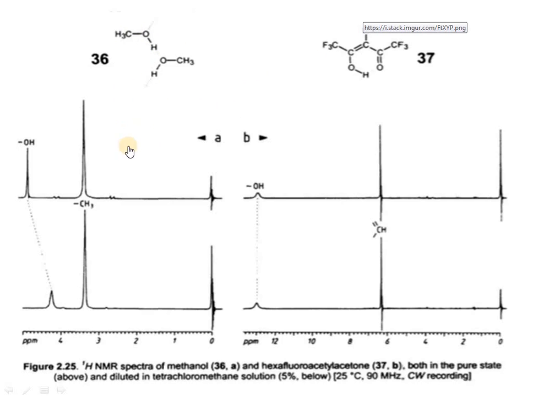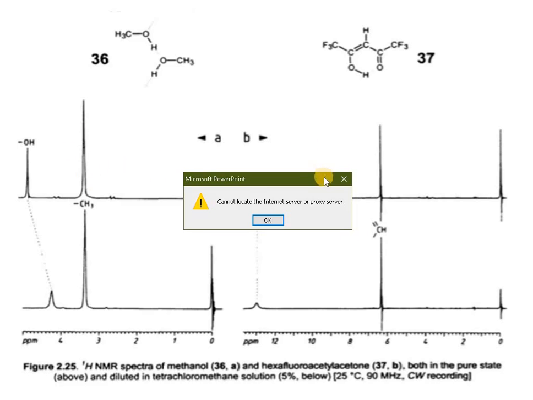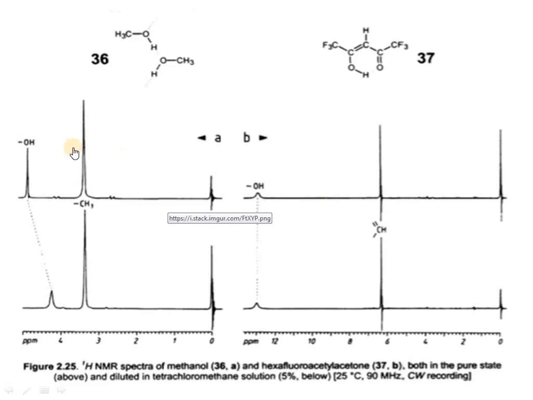In this, this is the NMR spectrum of pure methanol. There is a signal due to the CH3 group and this is due to the OH group. Now this is due to TMS.